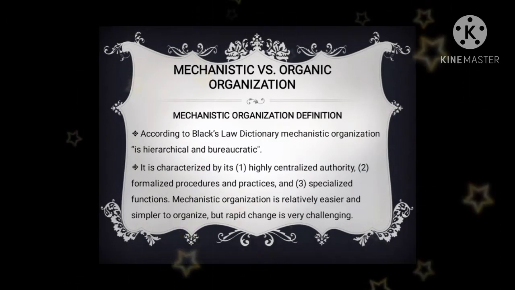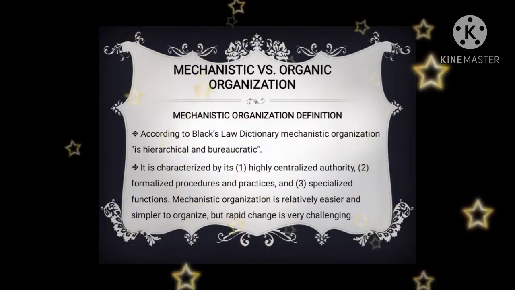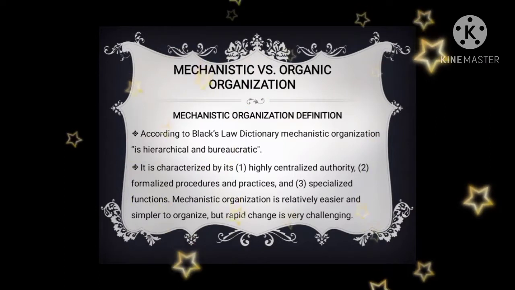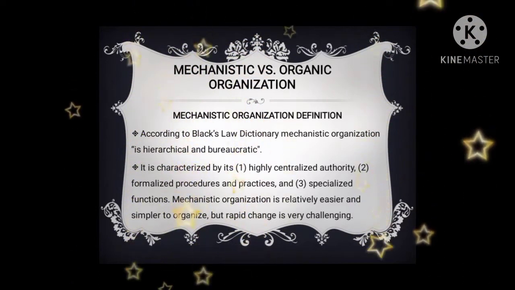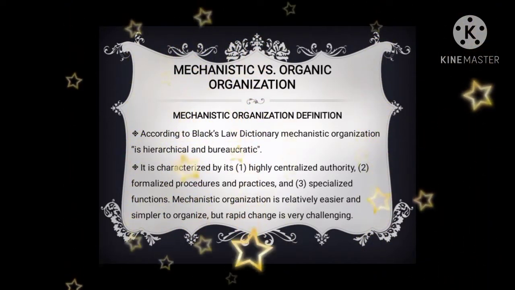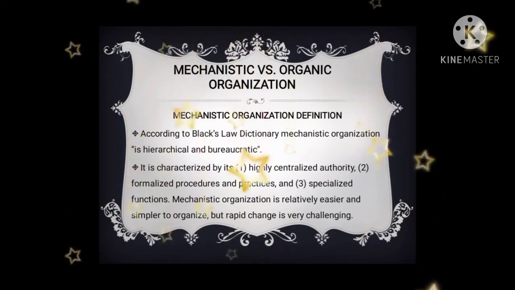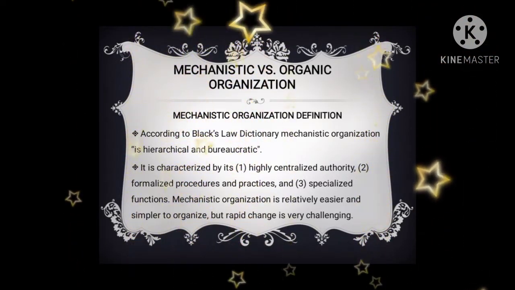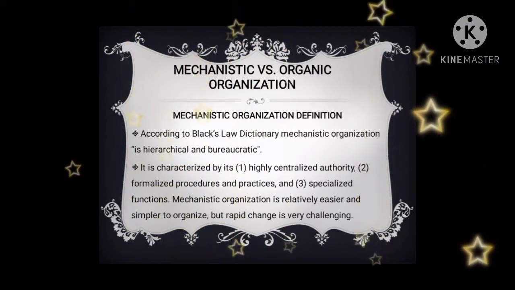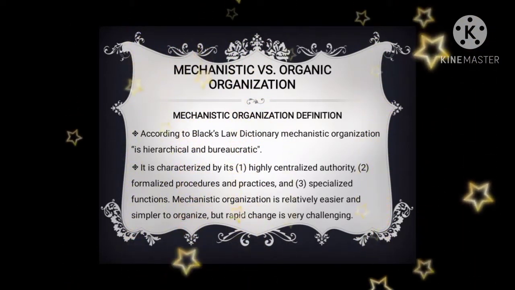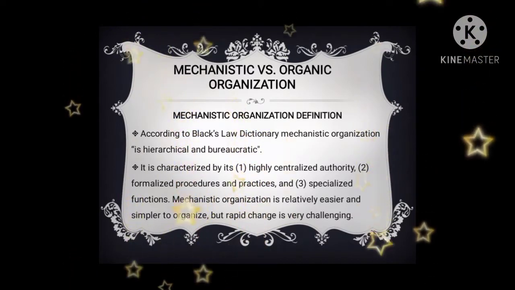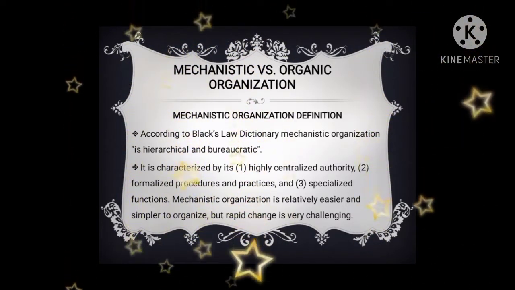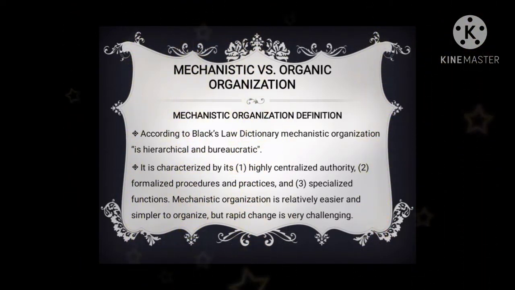Mechanistic versus organic organization. According to Black's Law Dictionary, mechanistic organization is hierarchical and bureaucratic. It is characterized by its highly centralized authority, formalized procedures and practices, and specialized functions. Mechanistic organization is relatively easier and simpler to organize, but rapid change is very challenging.